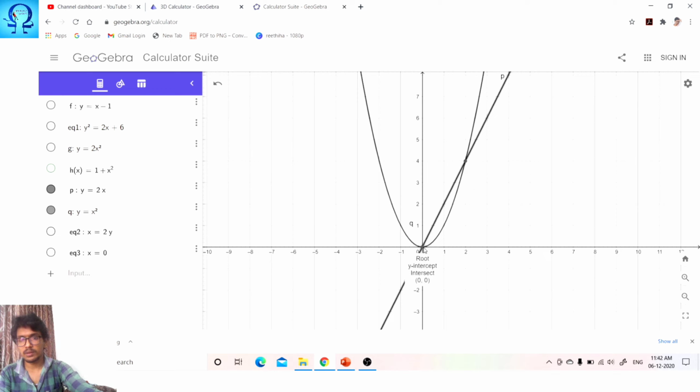Here you may very well see that you can take it either way. Your x varies from 0 to 2, you may take this way, or your y varies from 0 to 4, you may take that way as well. Either way you can take. If you fix 0 to 2 for x, your lower curve is what? y is equal to x square, and your upper curve is y is equal to 2x.